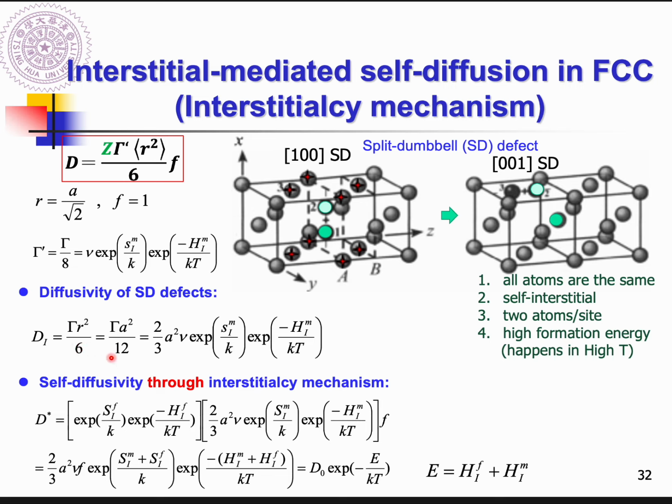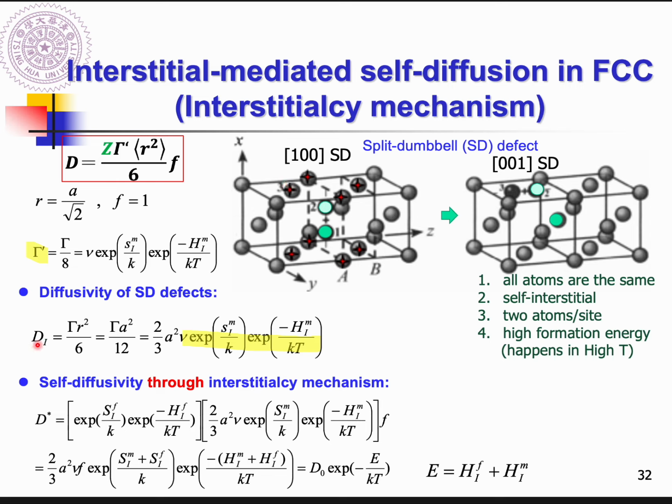You get gamma r squared divided by 6, and if you substitute r, you get gamma a squared divided by 12. Then substitute gamma with 8 gamma prime, and you get Di, the diffusivity of this split dumbbell.